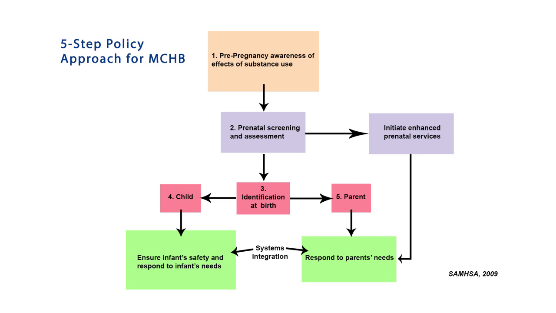Number 3, identifying the infant at birth and then providing services to that child as the child grows older and to the parent over the long term. So this was the general outline that SAMHSA laid out in 2009.